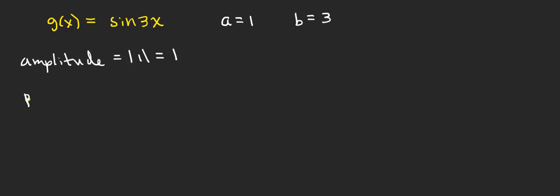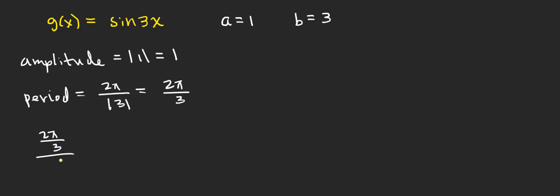And the period is going to be 2 pi over the absolute value of 3, which is 2 pi over 3. Now, in order to sketch this, we need to divide 2 pi over 3 by 4, which is the same thing as 2 pi over 3 times 1 over 4, which will be pi over 6.